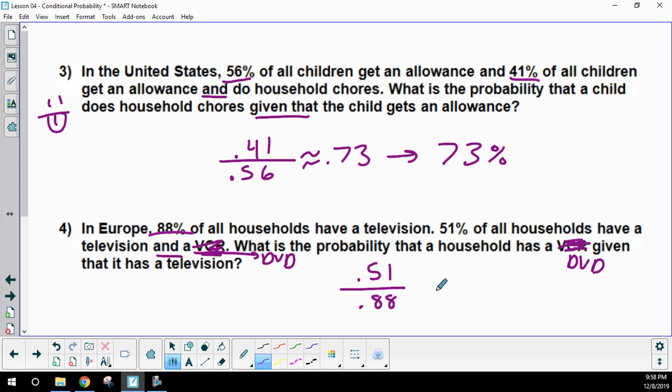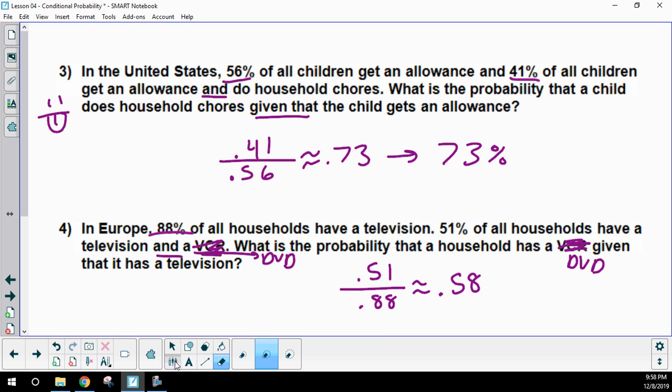So, use my handy dandy calculator, 0.51 divided by 0.88, and we get 0.579, the 9 rounds up to 8, so 0.58. I got 0.58. That would be 58%.